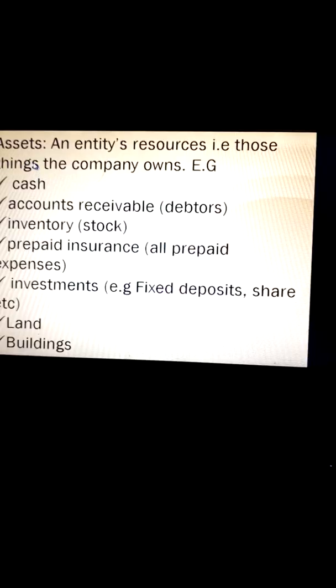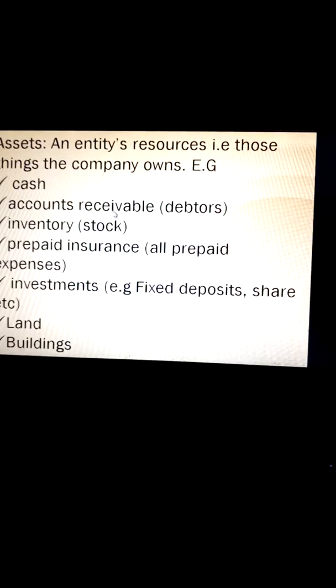Now, what is an asset, or what are assets? Assets are entities' resources. That is, those things the company owns. For example, the cash, the accounts receivable, the inventory, which we also know as stock, prepaid insurance, or in fact all prepaid expenses, investments, lands, buildings.